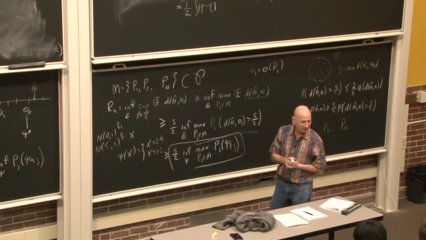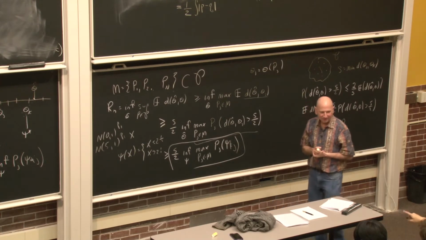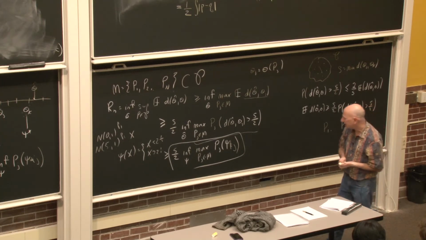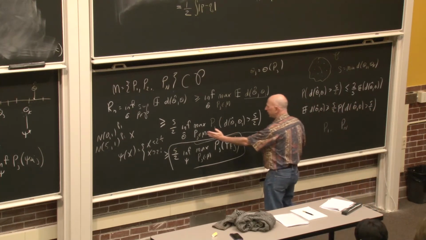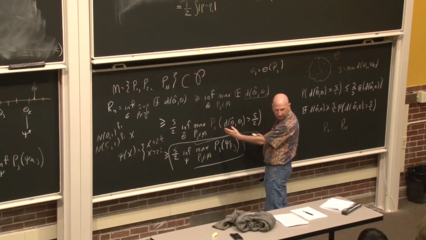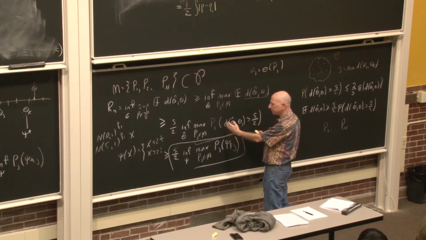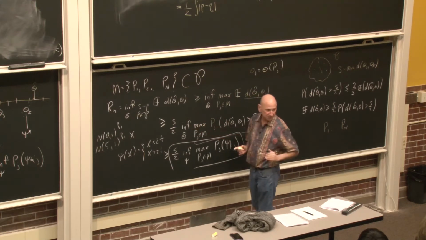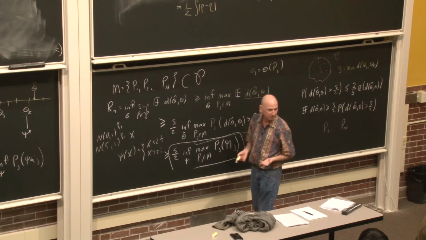I still think you have changed the order of inf and max in the loss inequality. No, I didn't, because I can say this is equal to the probability, right, of this, bigger than the probability of phi star. But taking the inf of this over all theta hats is taking the inf over all phi stars.